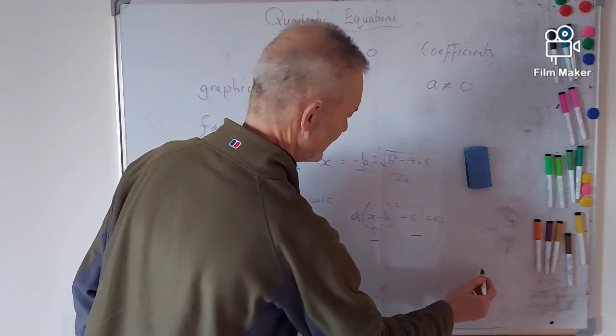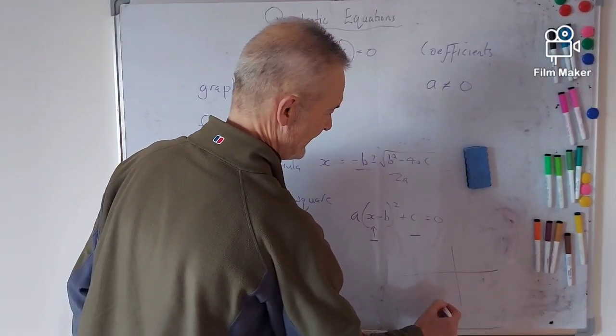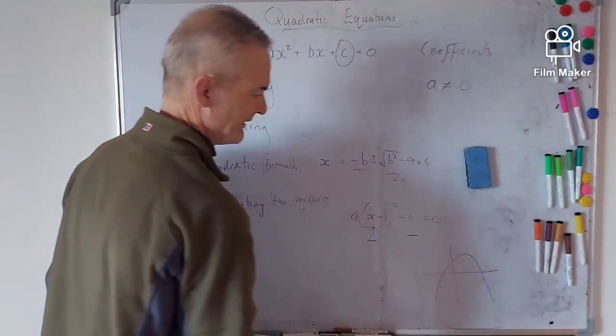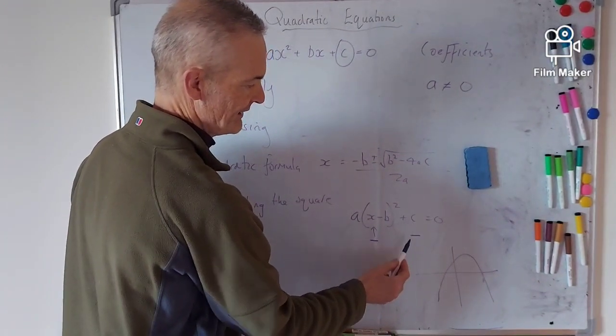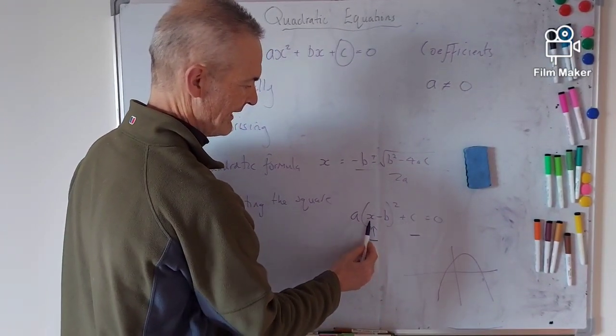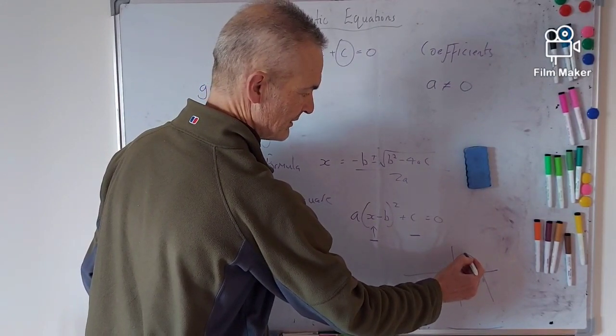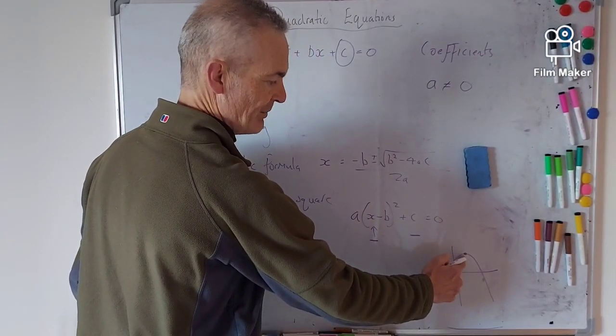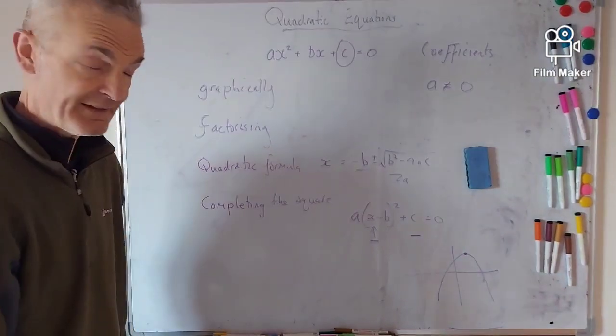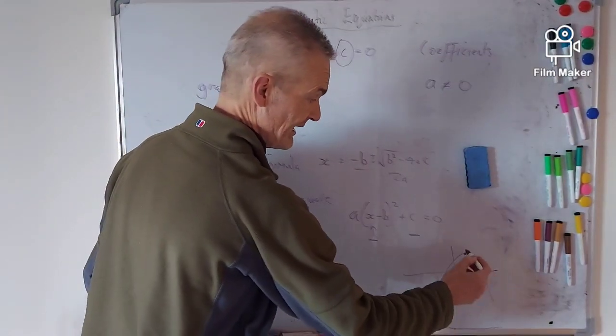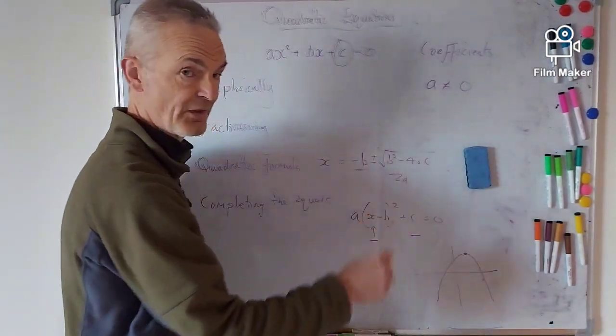So if you've got a curve that looks like that, then the c value and the x value will give you the coordinates of that point there, which in this case is going to be a maximum value for that curve.